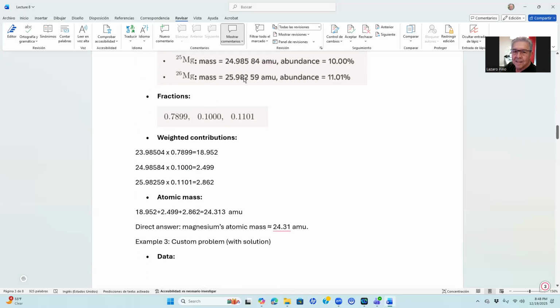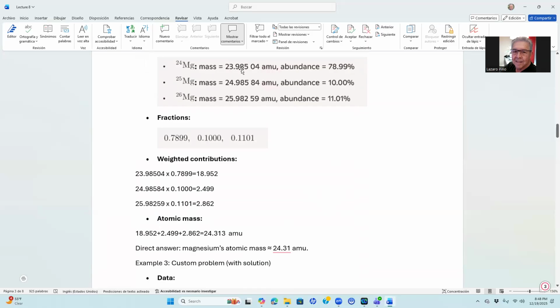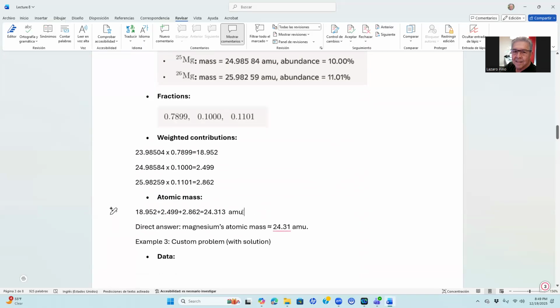Then you multiply the atomic mass of each isotope by its abundance as a fraction, and then you sum the products and you get the average atomic mass for magnesium. And this number is the one that you will find in the periodic table.